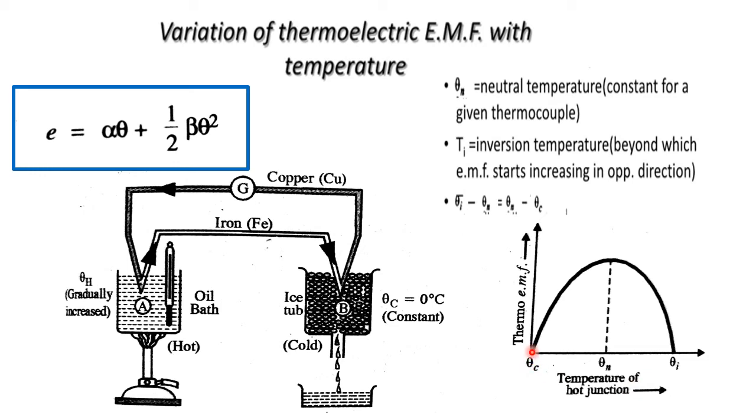This is the critical temperature, at 0 degrees Celsius, and while we keep on increasing the temperature, the thermo EMF increases, and there is one point at which the thermo EMF has the maximum value, and that temperature is known as the neutral temperature, denoted by theta n.